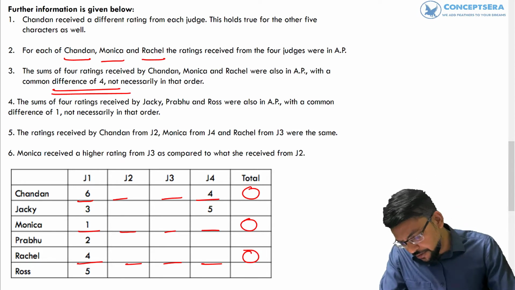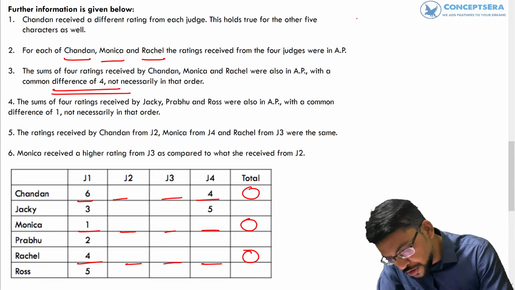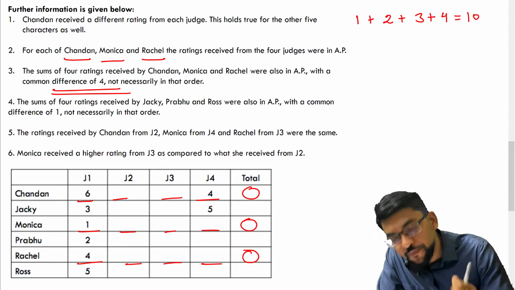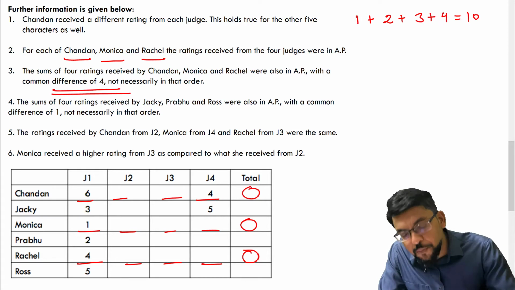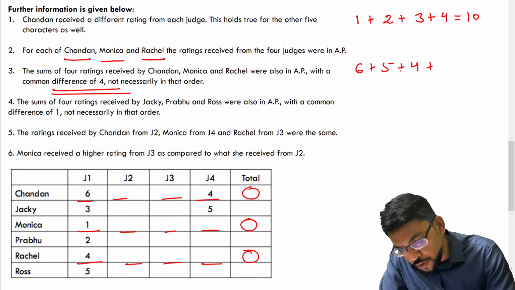Now when we have the first 3 pieces of information, what can we decode from here? As we know, each one will have a different rating from each judge. So the minimum possible score by anybody will be 1 plus 2 plus 3 plus 4, which is equal to 10. And the maximum possible score by anybody will be 6 plus 5 plus 4 plus 3, which is equal to 18.